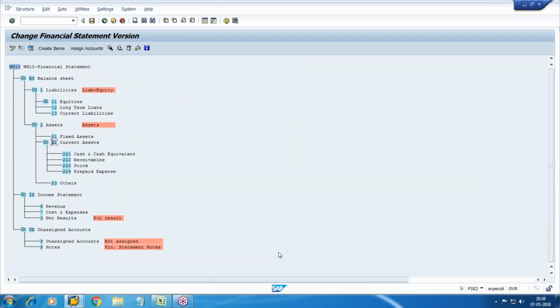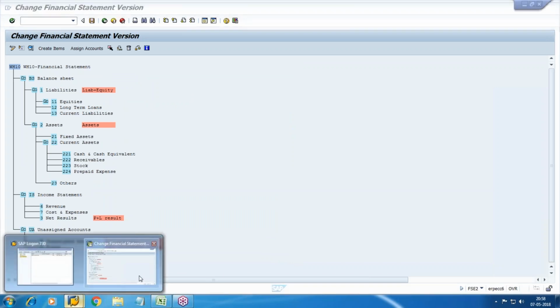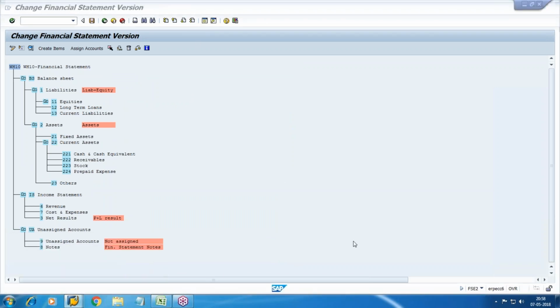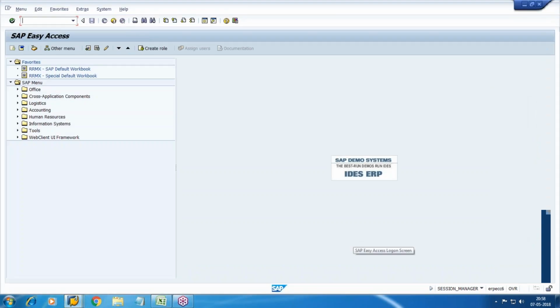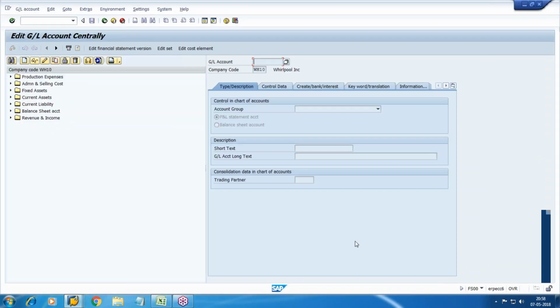Anything we can expand? Cash equivalent, both cash and bank I will put here. Okay, fine. Next, we will assign the accounts, ledger balances. Ledger balance not required, you just add the ledger, automatic balance will carry forward.